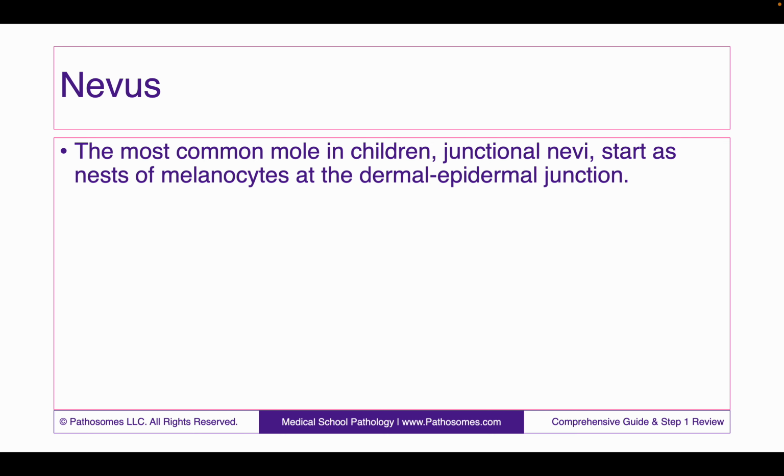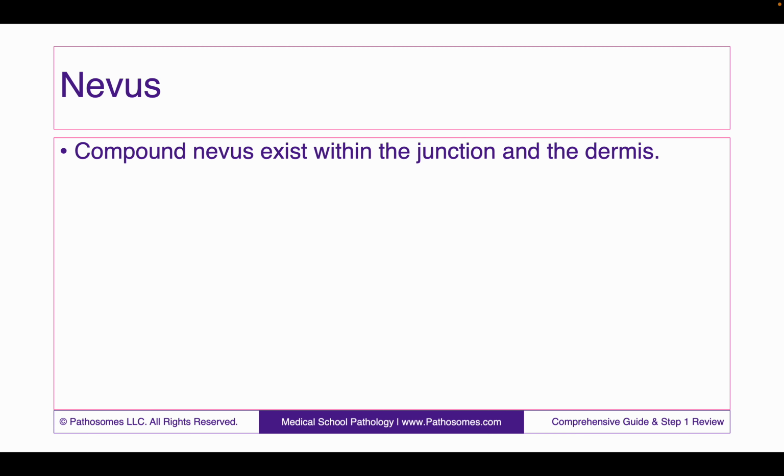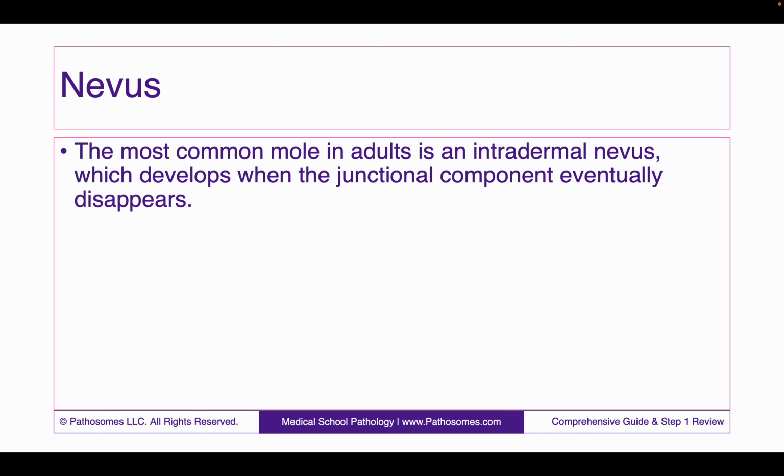The most common mole in children, junctional nevi, start as nests of melanocytes at the dermal-epidermal junction. Compound nevus exists within the junction and the dermis. The most common mole in adults is an intradermal nevus, which develops when the junctional component eventually disappears.